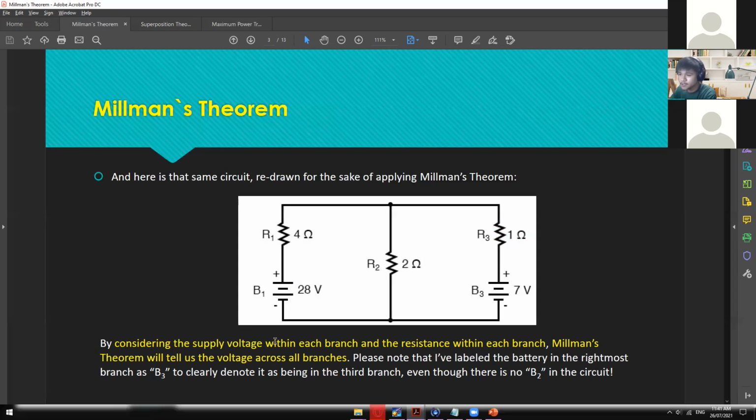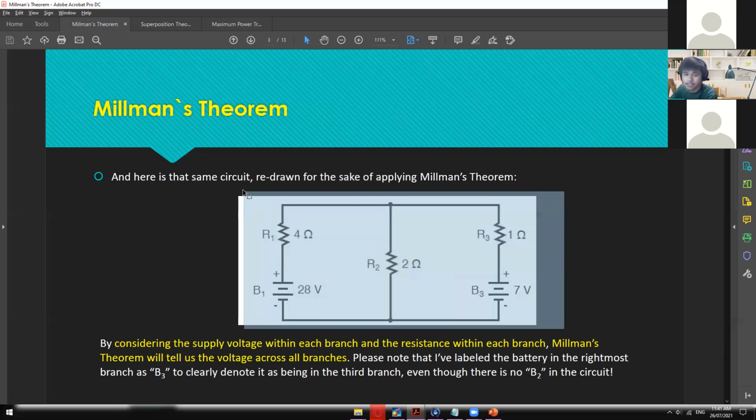By considering the supply voltage within each branch and the resistance within each branch, Millman's theorem will tell us the voltage across all branches. For us to be able to apply this, of course, we use the formula that will be given to us later on, and whatever the result is, that is the voltage across all branches.